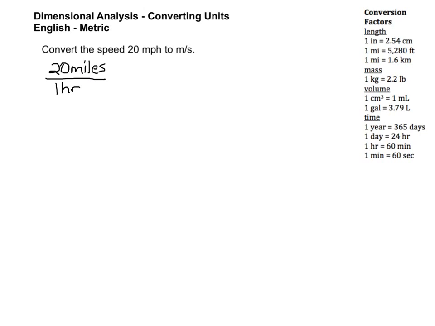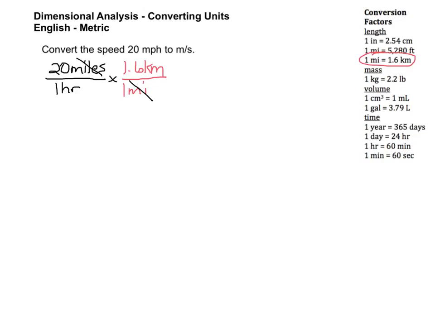So that's the conversion factor that we need to use first. Let's enter it here. Now we want to cancel miles, so we're going to put 1 mile in the denominator and 1.6 kilometers in the numerator. And in that way, miles will cancel.